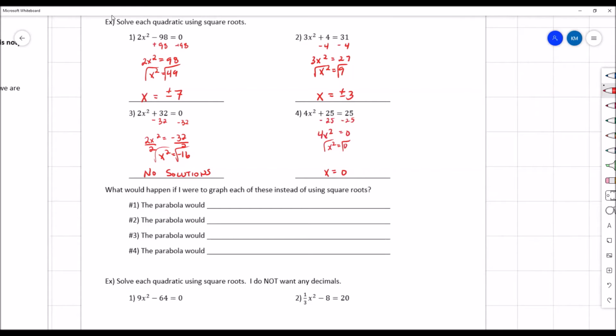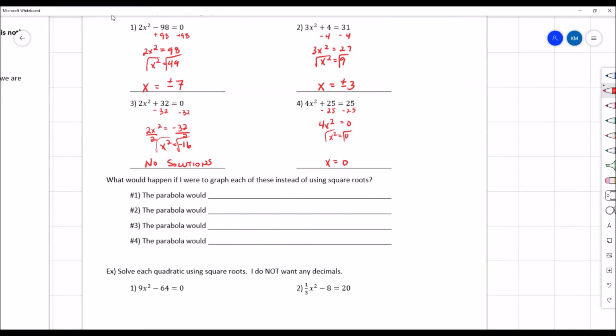What would happen if I were to graph each of these instead of using square roots? In number 1, that parabola would cross the x-axis at negative 7 and 7. On number 2, that will cross the x-axis at 3 and negative 3. On number 3, that would never cross the x-axis.